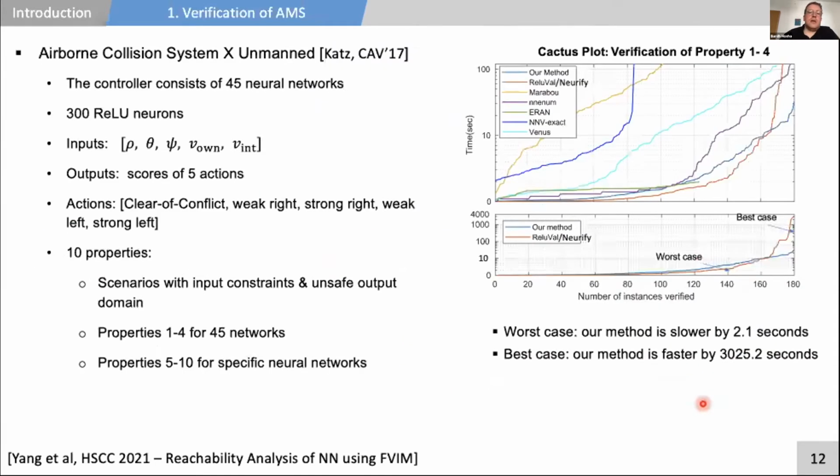We tested this method on the ACAS Xu system. This is a controller that consists of 45 neural networks, 300 ReLU neurons.